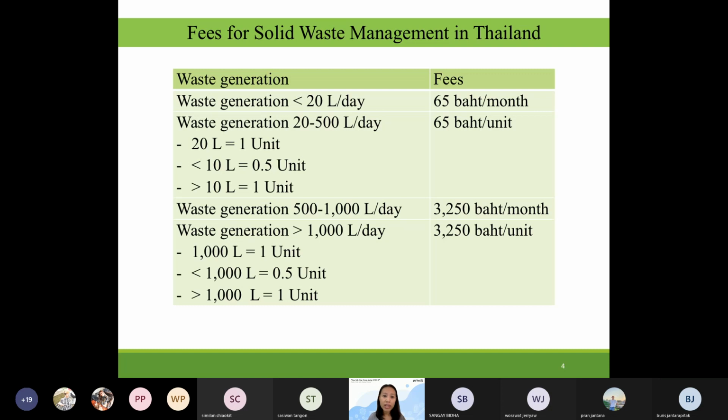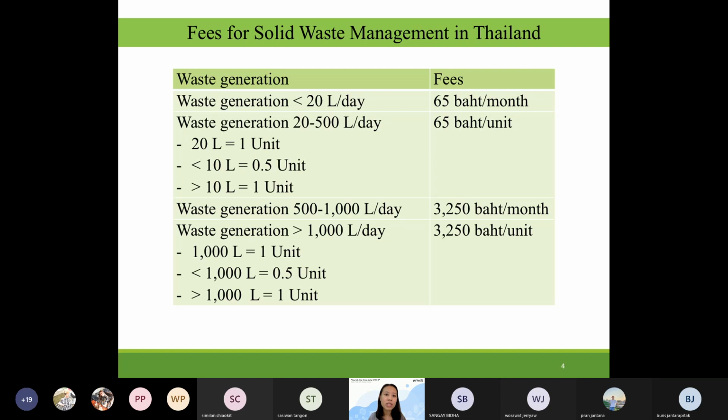It is quite cheap, right? Because we don't include the total cost of waste management. This is why people normally don't concern themselves with reducing the amount of waste, right? Because they pay a low cost for waste management.